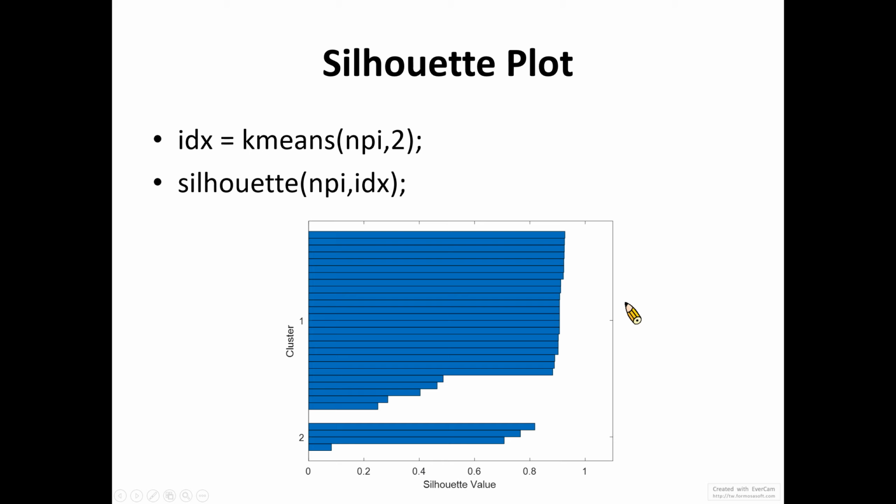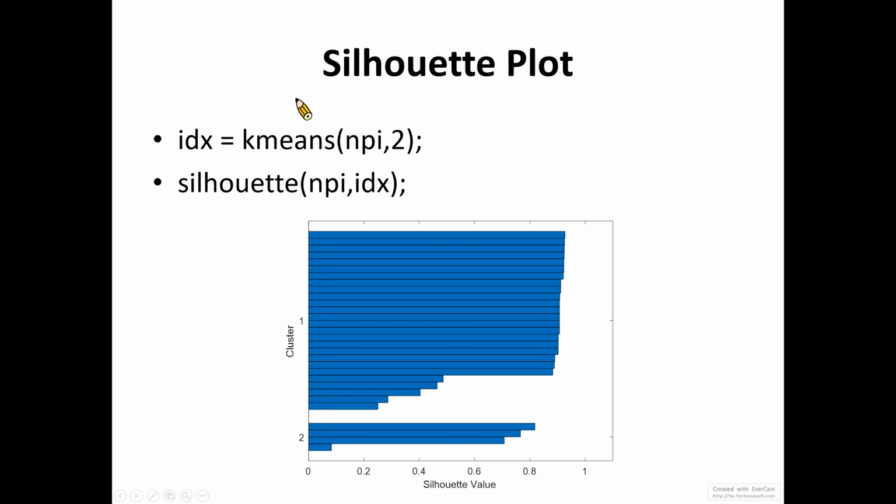Okay, so let's take a look at the silhouette plot. In Matlab, you can just type the silhouette function and give it input. The first input is the MPI data and also the results of the K-means clustering.